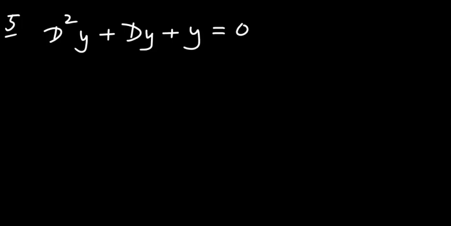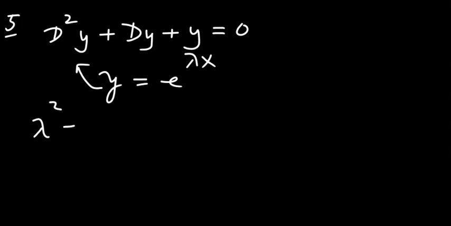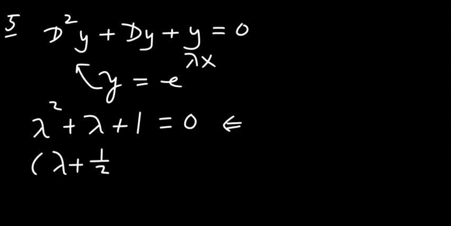Example 5. Again, we assume y is e to the power lambda x and put that in here. The auxiliary equation that we will end up with would be lambda squared plus lambda plus 1 equals 0. Now that means the roots to this quadratic equation can be found in the following manner. We can try to complete the square, and that's going to be lambda plus half squared plus 3 over 4 equals 0.